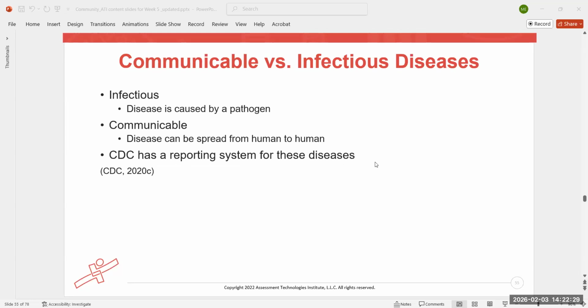And CDC does have a reporting system for diseases. So if you fear that there is a possible exposure to something or you note an outbreak, you do need to report it to the Department of Health, so it can follow the respective reporting system and also follow the respective process for reacting to that.